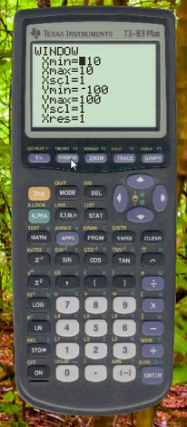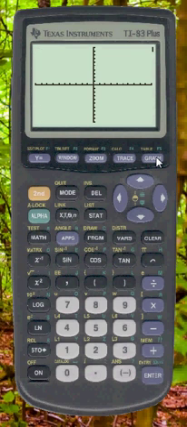So if I change the window on this, I can make this back to negative 10 and positive 10, and then we'll go back to graph again. Check it out. Looks much better. Okay, so that probably is enough of playing around with the different graphs that you possibly could do.